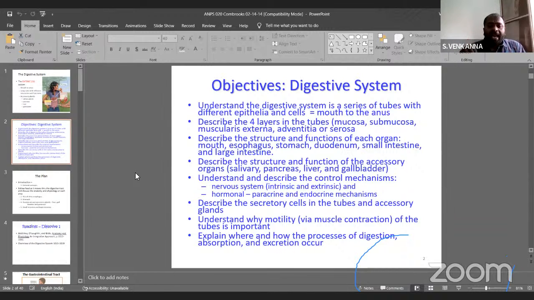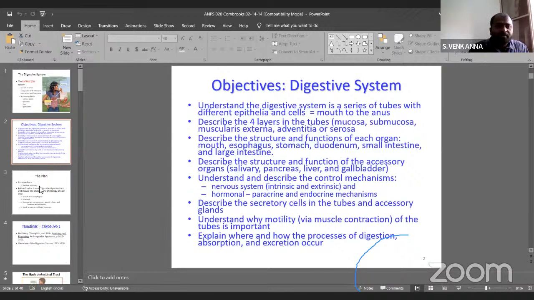The next objective is to explain where and how digestion, absorption, and excretion occur. So these are the objectives of the system.